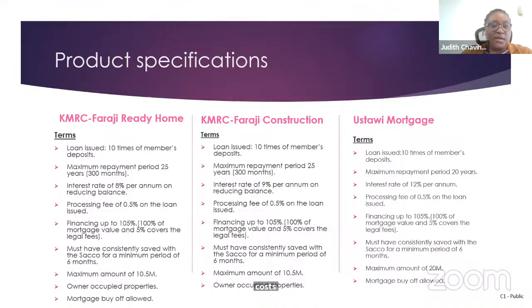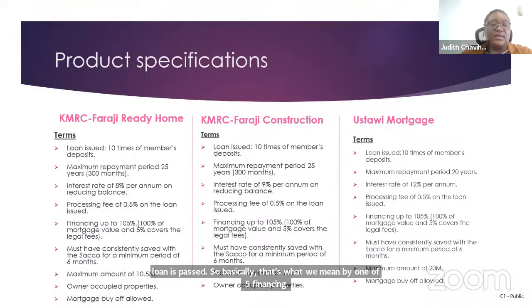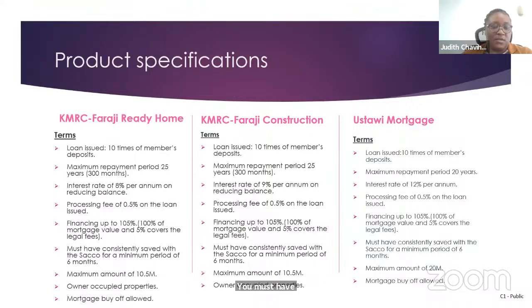Then we'll be able to finance the legal fees that you'll have on the invoice, and we'll pay the lawyers once the loan is disbursed. So basically, that's what we mean by 105% financing. A member must have consistently saved with the Sacco for a minimum of 6 months, as I've said. And the maximum amount in terms of the loan limit for this product is 10.5 million.